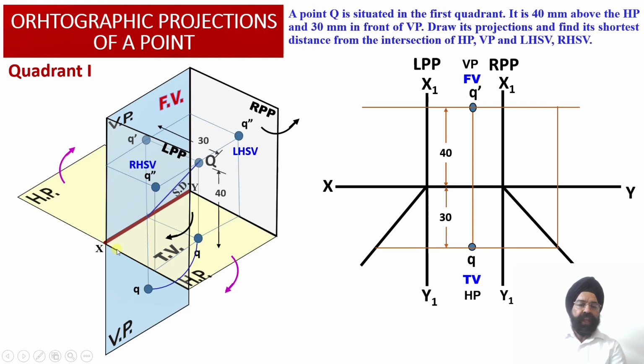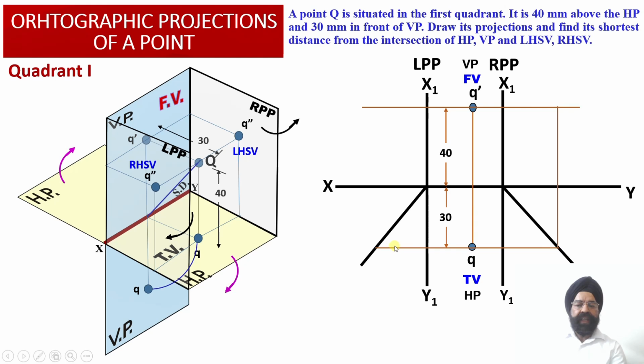We can check in the left profile plane. The right hand side view projection is available at a distance of 30 millimeter from the vertical plane. So this will be transferred through this transfer line.